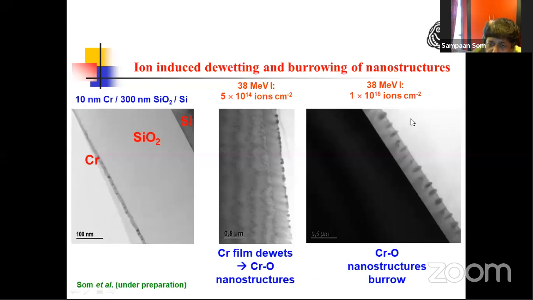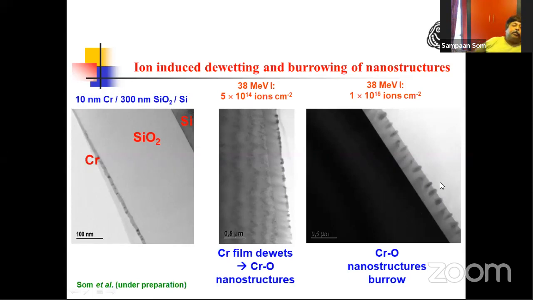And as the ion bombardment continues under double the fluence of 1 × 10^15 ions per square centimeter, remember everything was done at room temperature, these chromium atoms with oxide, of course, now the chromium oxygen entities, these nanostructures, start getting burrowed. What is burrowing? They get as if hammered and start going inside the silicon dioxide layer.